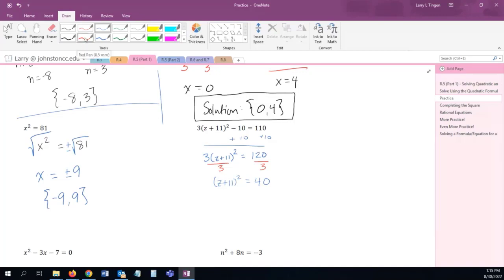So follow the same process. If I'm going to do something from here, what am I going to do? I'm going to do the same thing I did over there and take the square root of both sides. I've taken the square root of a positive real number, so I need to consider the plus and minus.